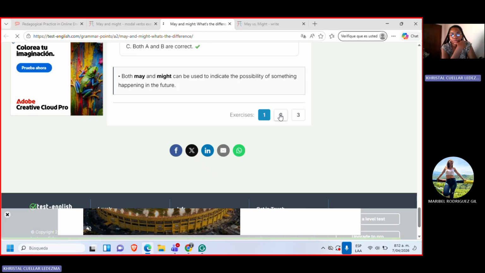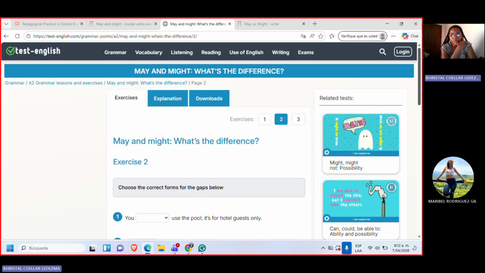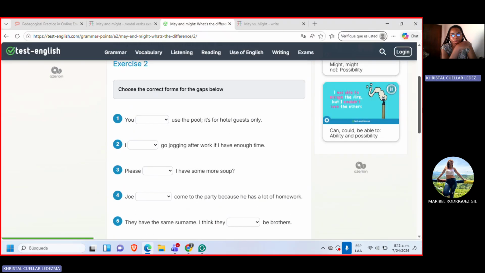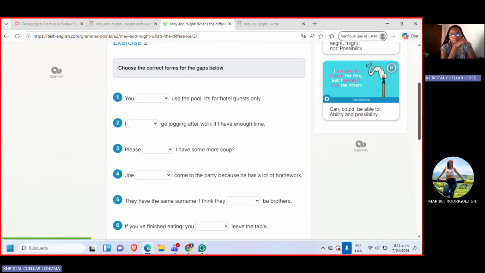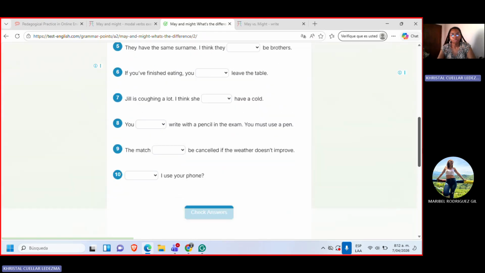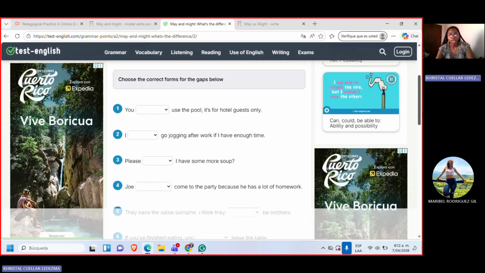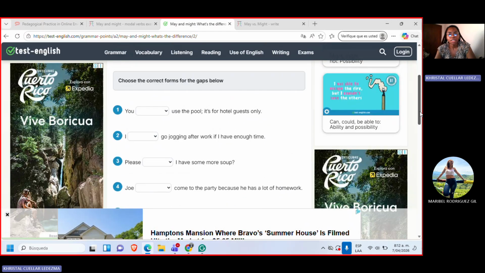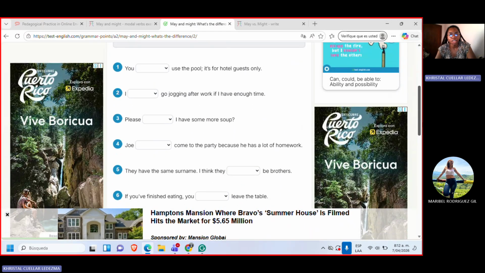Exercise number 2. They have to choose the correct form for these gaps below. So it comes in the same way. You guys have another 10 minutes to do these sentences. Please send me the correct answers in the chat so I can see them, and then I will select them.